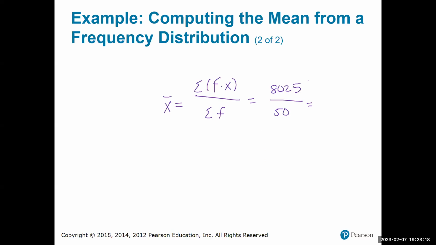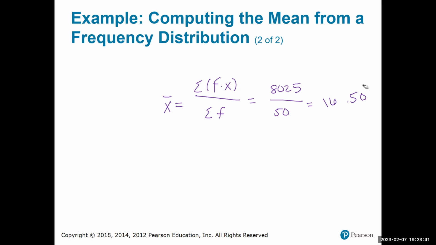So this is 160.5. I'm going to go out to 2 decimal places. Actually, no, I only need 1 now that I think about it. Our original data, I believe, was whole number data. So I'm going to just call that 160.5, and that is our estimate for the sample mean.